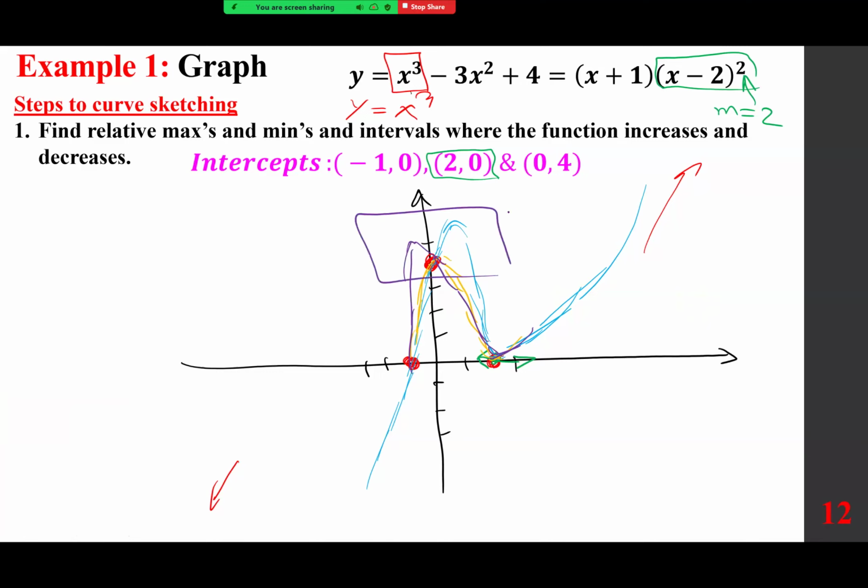We don't know what happens here. We don't know where the function is increasing, where the function is decreasing. So that's why we are going to use calculus. So this is the shape of a graph, roughly. We know that from previous knowledge of algebra. But let's make it more precise.